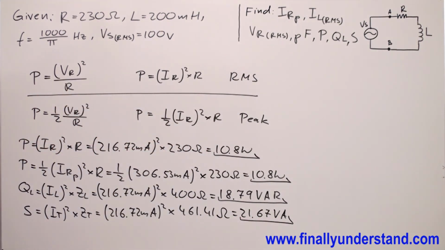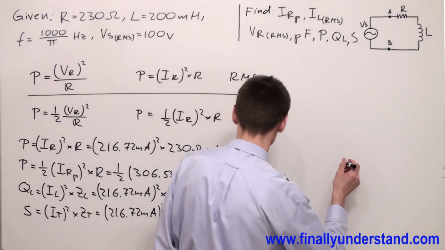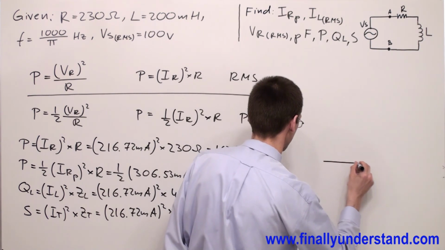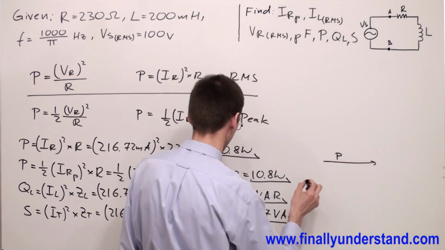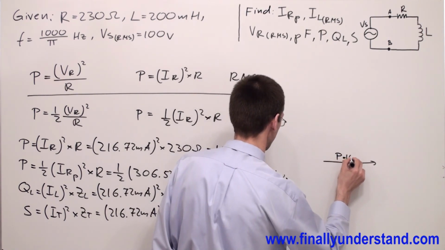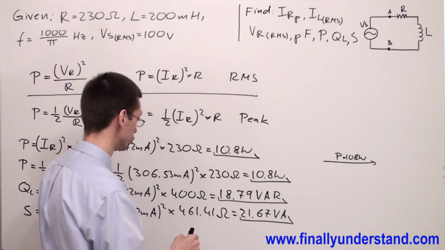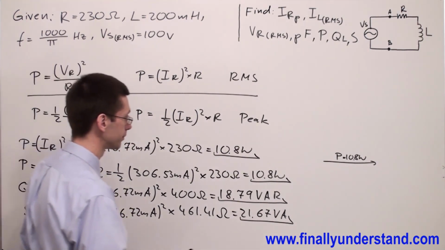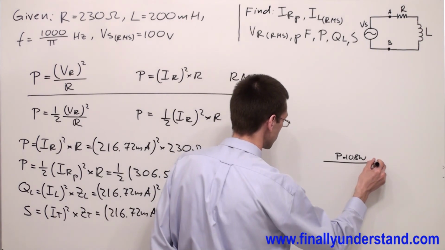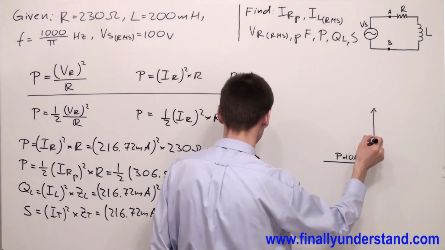If you want to draw the power triangle, simply draw. This is the true power, which is equal to 10.8 watts. Next, I'm supposed to draw the reactive power QL. Remember, QL always goes up.